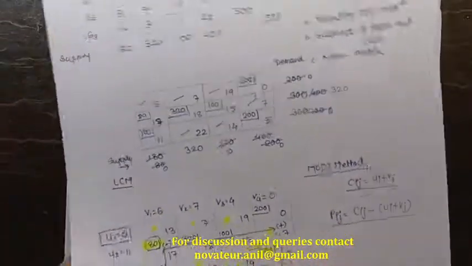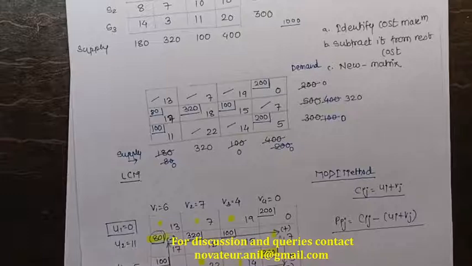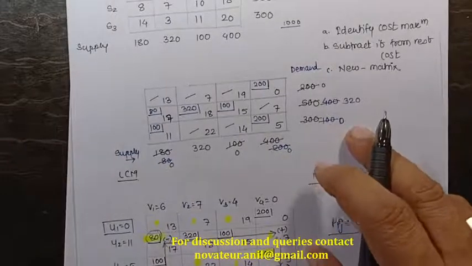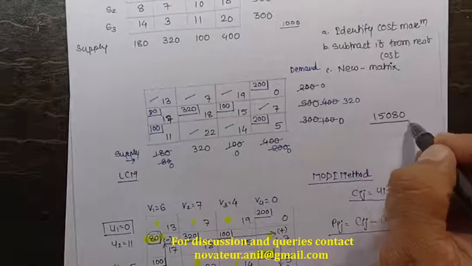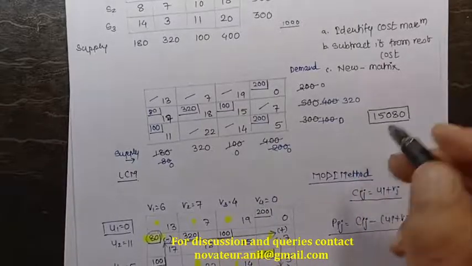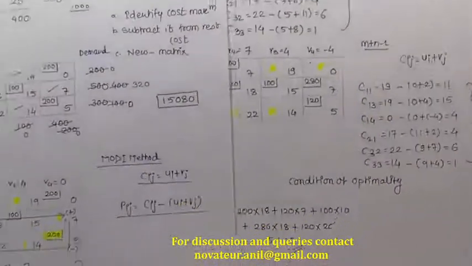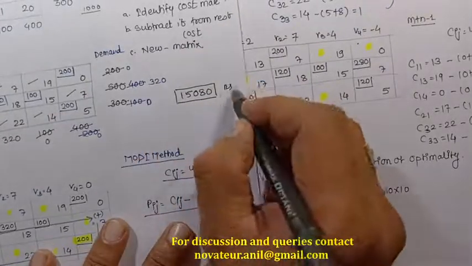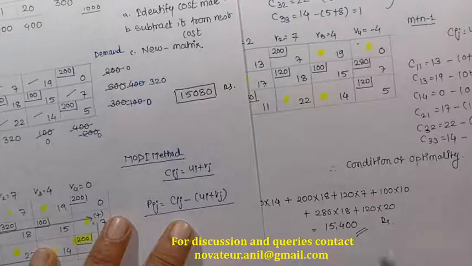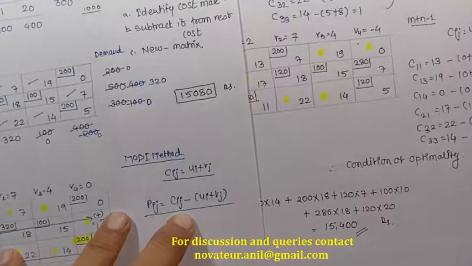If you find the initial feasible solution, which we have not done here, that is 15080. This was my initial feasible solution and this is my final solution. So now you will see 15080 rupees, let's say, and this is 15400 rupees.